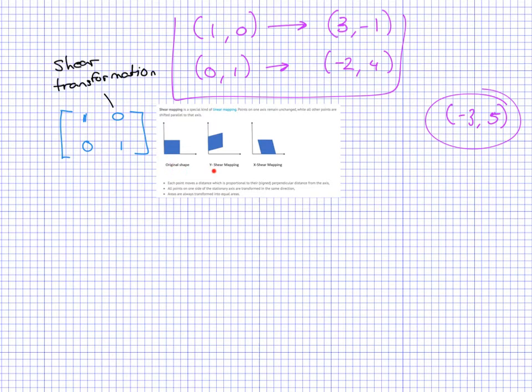This is where we anchor the y-axis and push everything else a certain factor in a certain direction. And this one is the opposite, where you anchor the x-axis and you push all the other points in a certain direction. Now you'll notice for y shear mapping, you anchor the y-axis and then everything else moves vertically, and that's how you get this skewed shape.